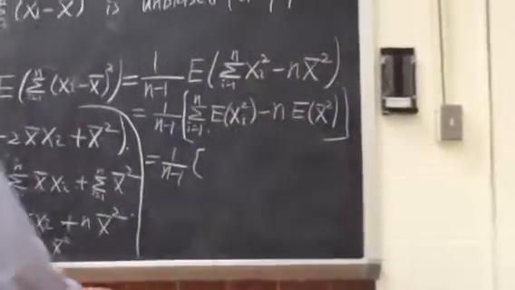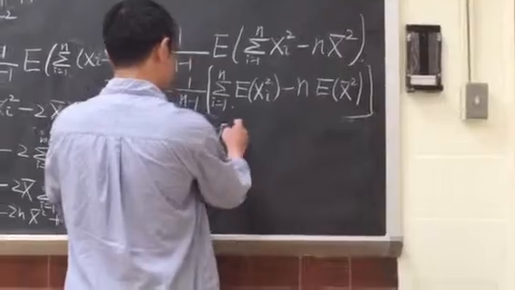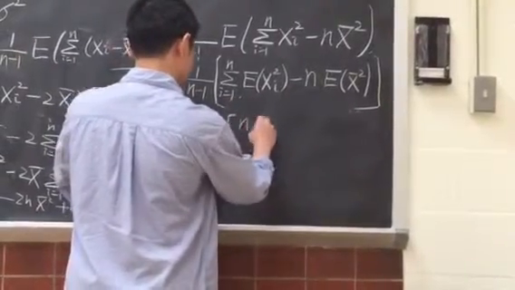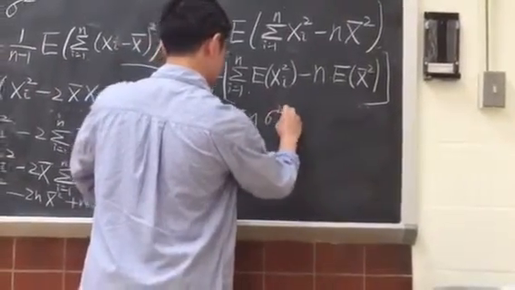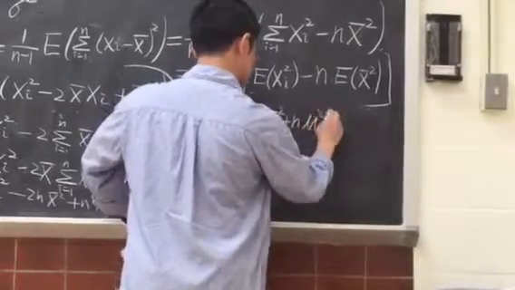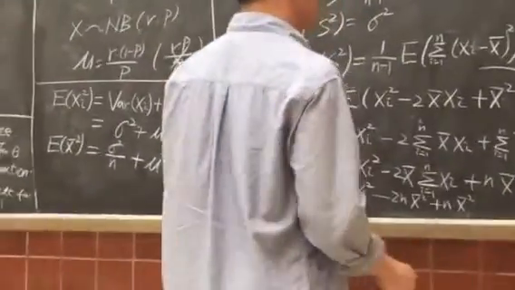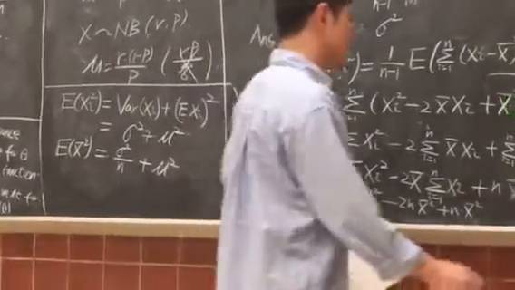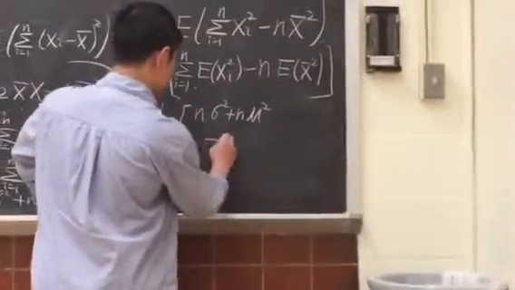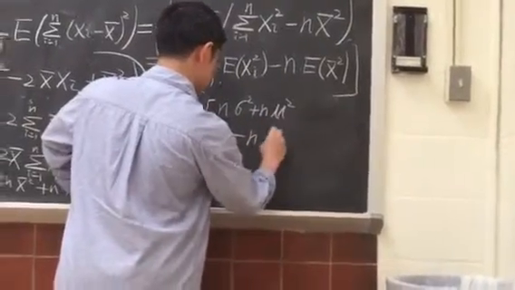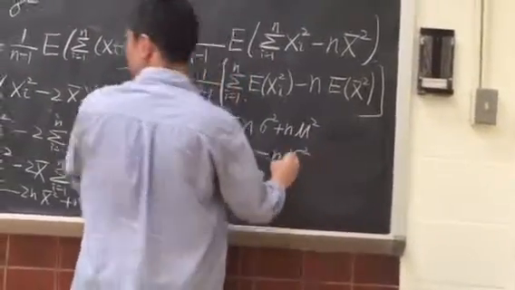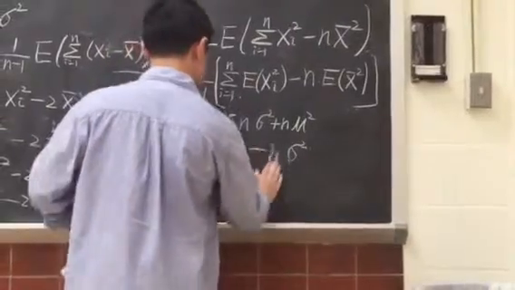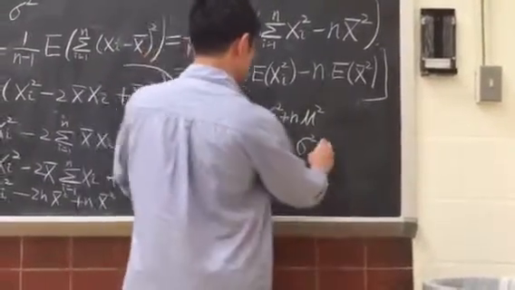So it is n sigma squared minus n times this: n sigma squared minus sigma squared minus n times mu squared.